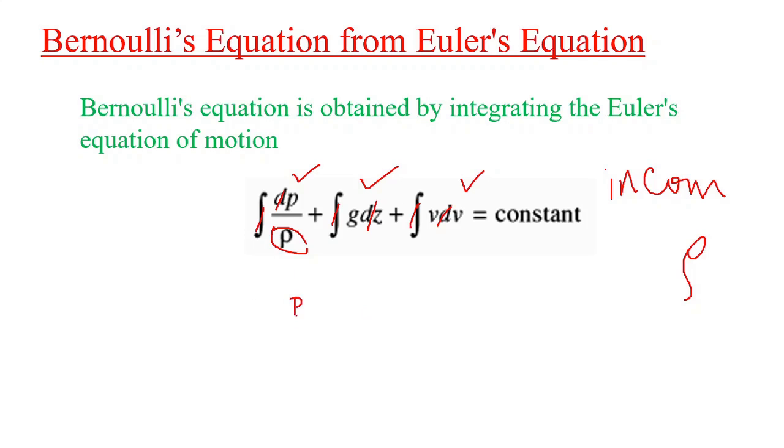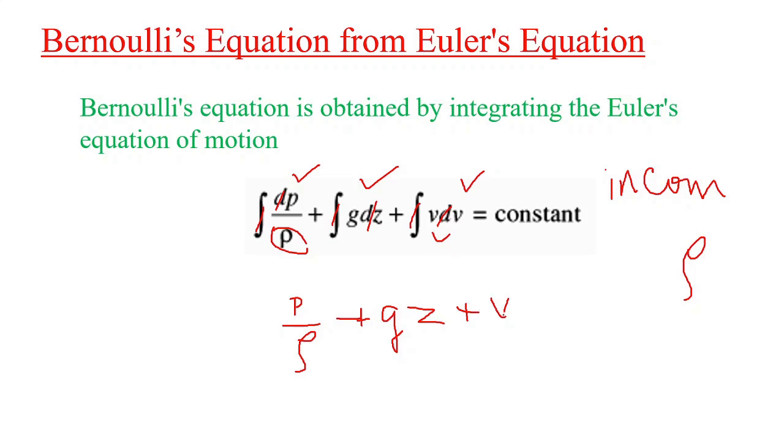After integration, we get p by rho, because rho is constant and will not come into the integration term, plus g into the integration of dz, which is z, plus the integration of v into dv.